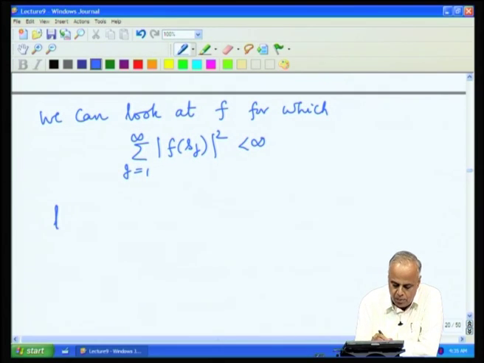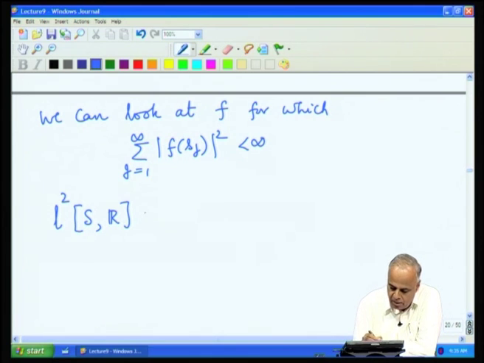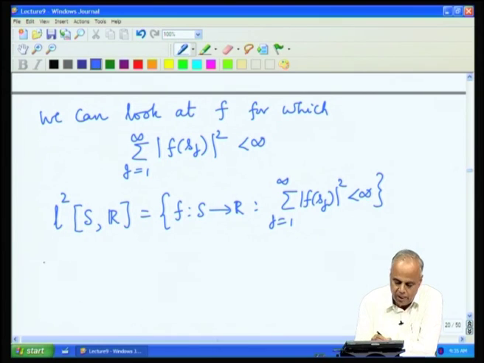So, we denote this by L2 S R. Remember, S is our discrete infinite set s1, s2, s3 etc. L2 is all those functions mapping from S to R for which this sum of mod f of s j squared is finite.